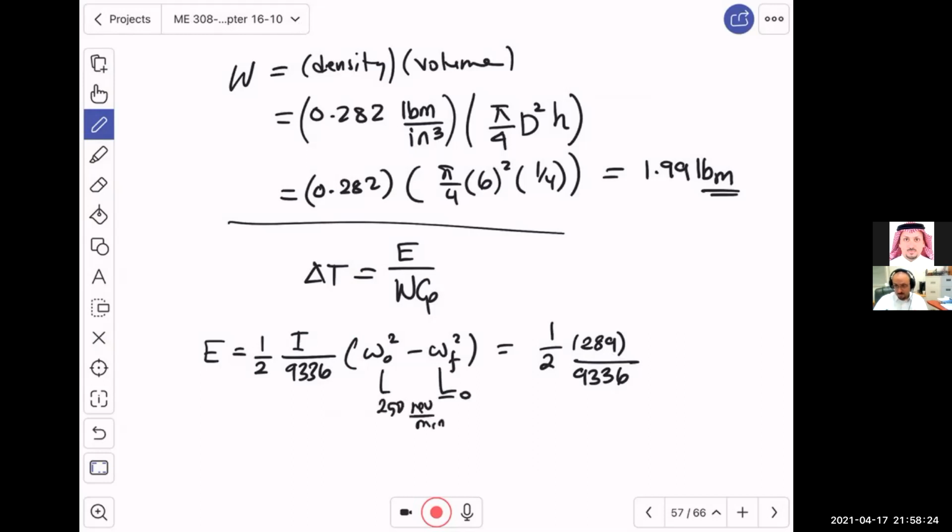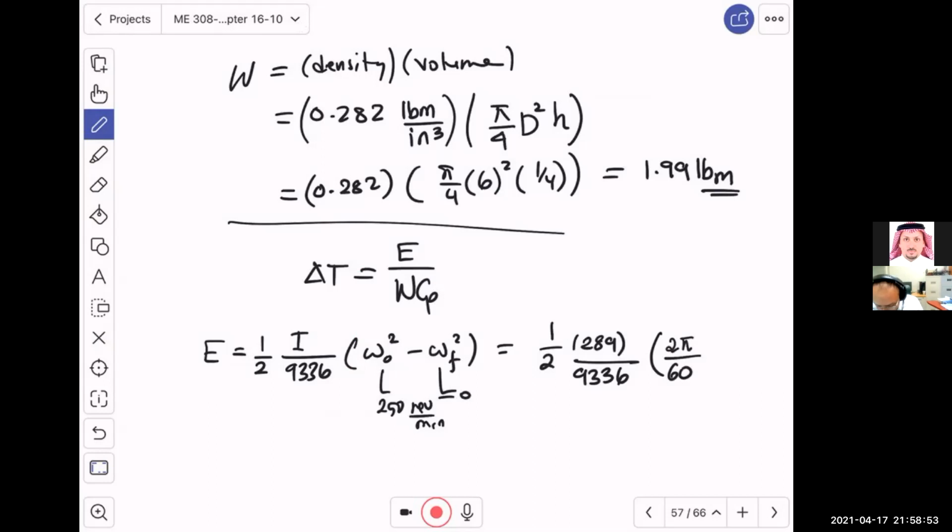Now you remember, whenever we have RPM and we have a unit of energy, we need to convert this into radians per second. That's why we have to multiply this by 2 pi, which is 1 revolution, divided by 60 seconds for 1 single minute.